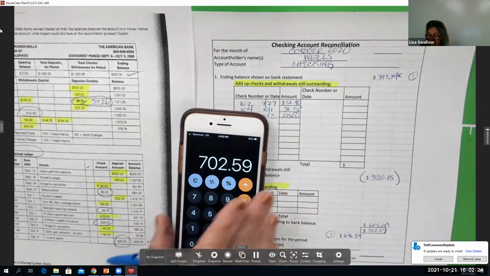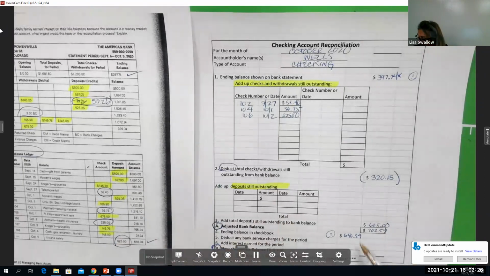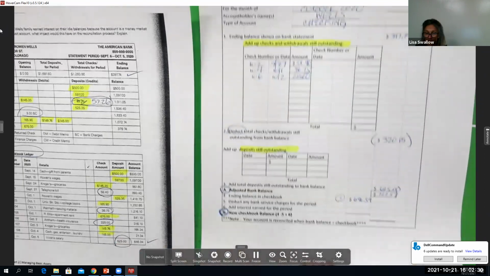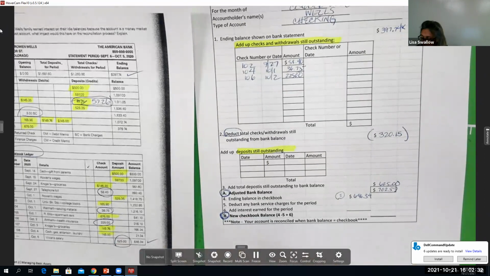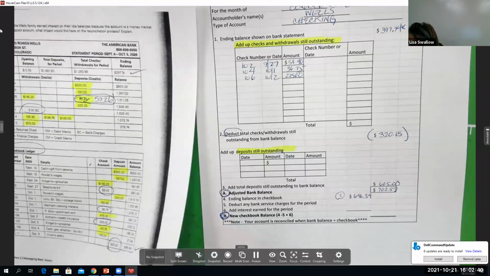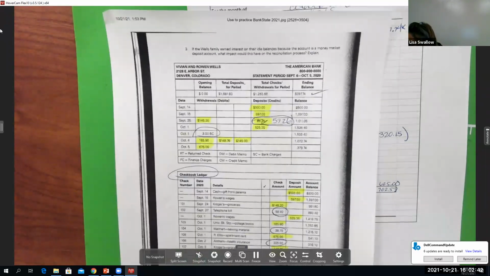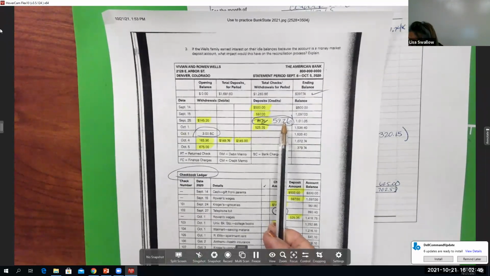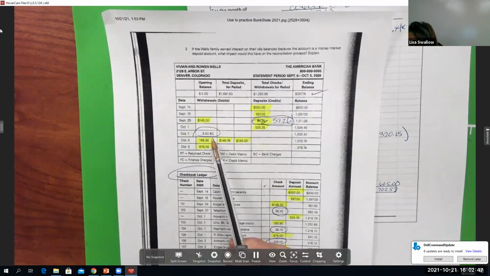On the other hand, I think in my checkbook that I've got $646.34, but there's a couple things that the bank knows about that I don't. And those are this deposit and the bank charge.